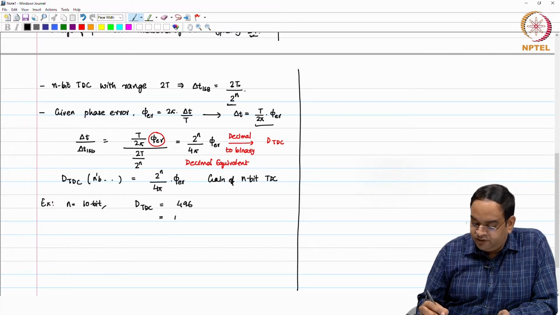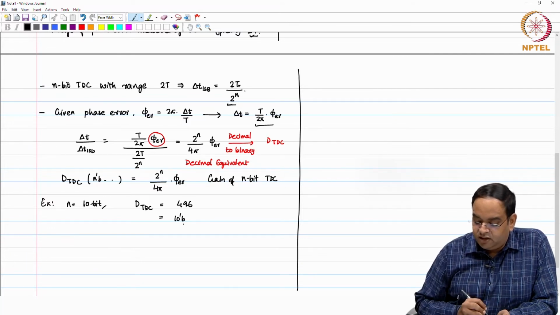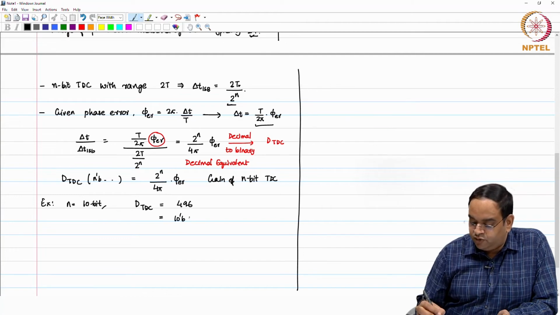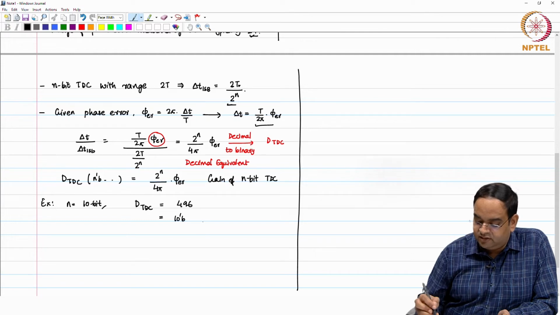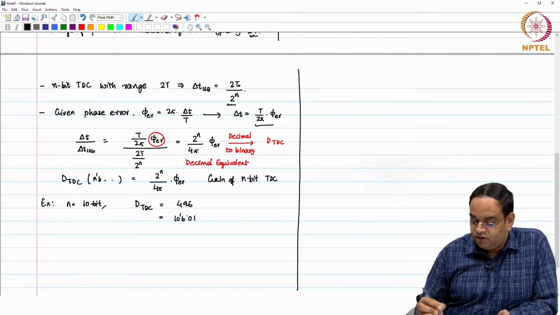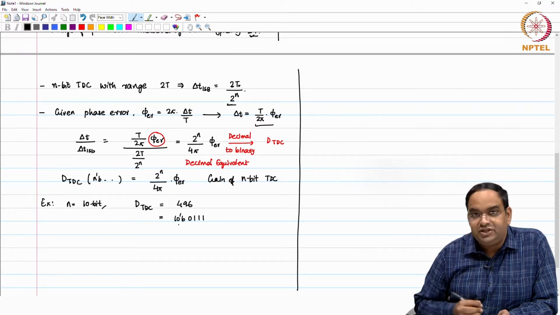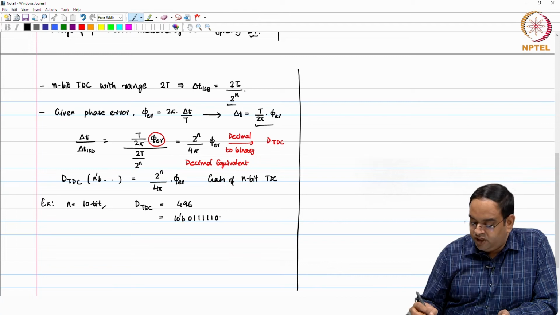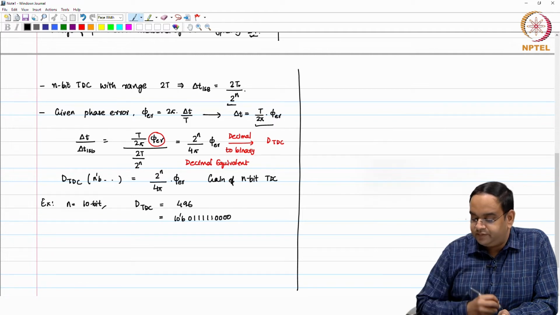In the binary case, for this 10-bit TDC, the bits will be 0, then 256, 128, 64, and also 32, and the rest are all going to be 0: 16, 8, 4, 2, 1.